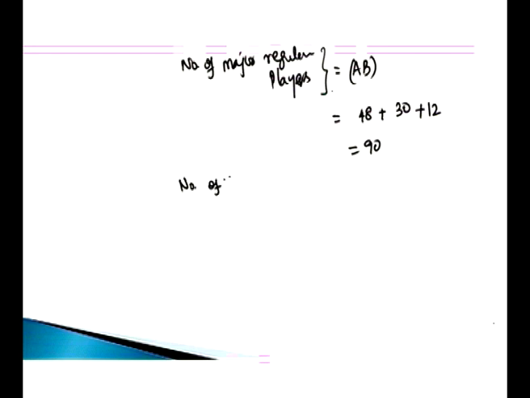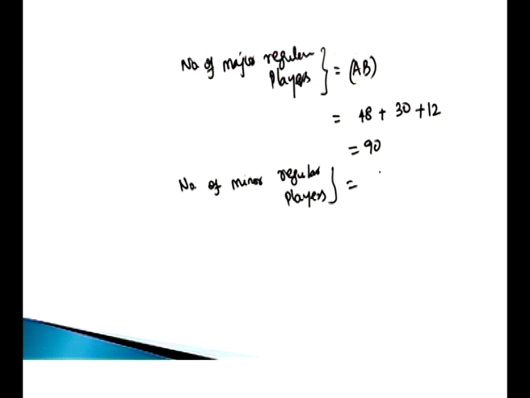Similarly, number of minor regular players is equal to alpha B, which is they are equal to 200 plus 150 plus 90, which is equal to 440.